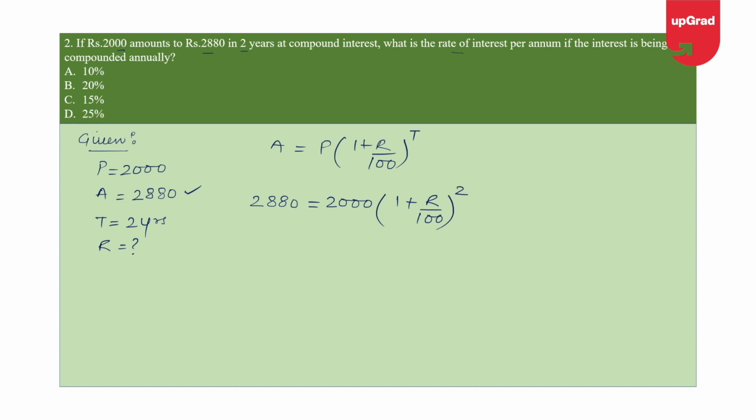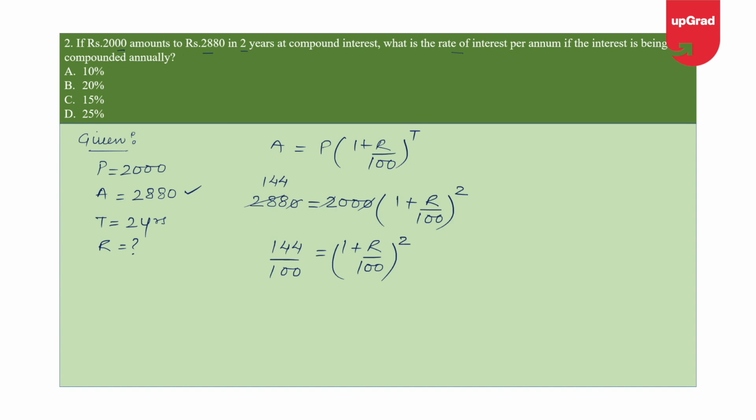Now that makes my question difficult. Why? Because even if I solve it, I end up getting 144 and one of the 0s is gone. So I end up getting 144 divided by 100, which is equal to 1 plus r by 100 whole square.